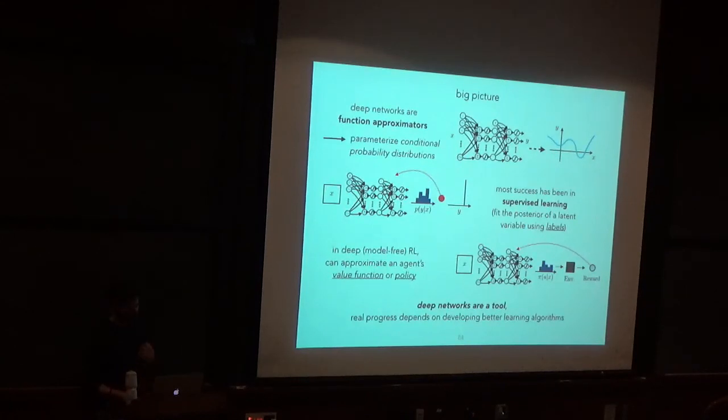And really, you should just think of deep networks as a tool, a really useful tool that people have been working on and developing and improving over the last few years. But the real progress in this area depends much more on the learning algorithms themselves. Once you develop the algorithm, you can just swap in whatever network architecture you need for the case.